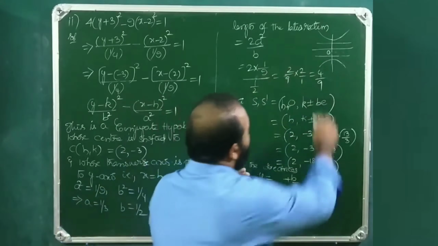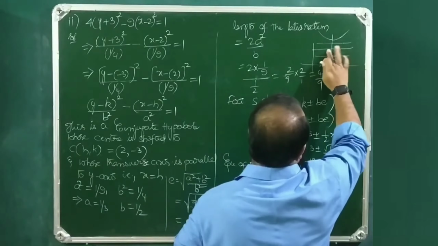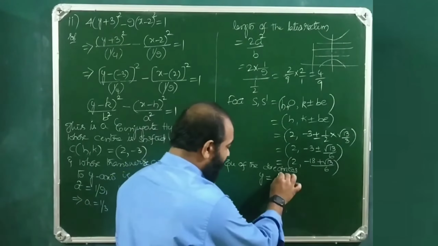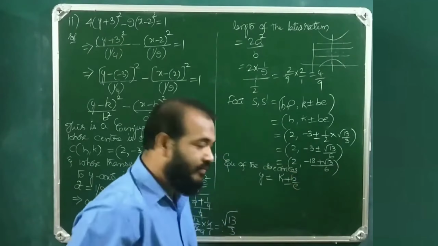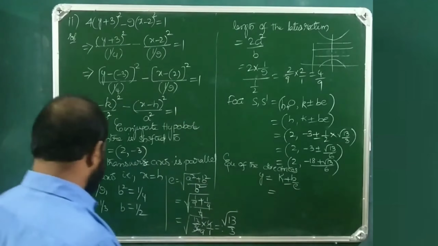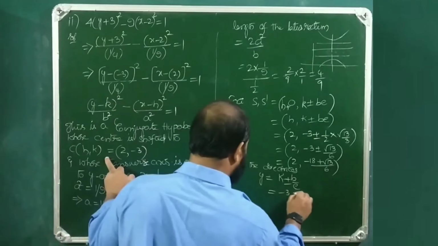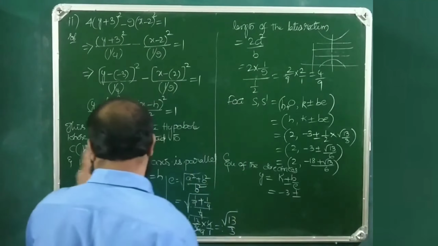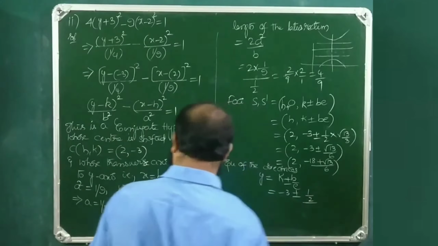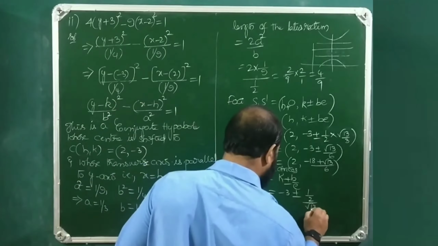But here, this is the concept: the origin has been shifted. Therefore, additionally, k would be added. So the k value here is minus 3 plus or minus b by e. b value is 1 by 2, e value is root 13 by 3.